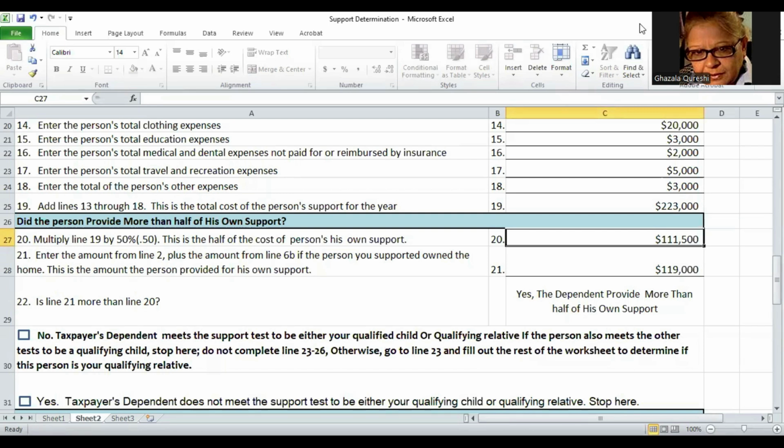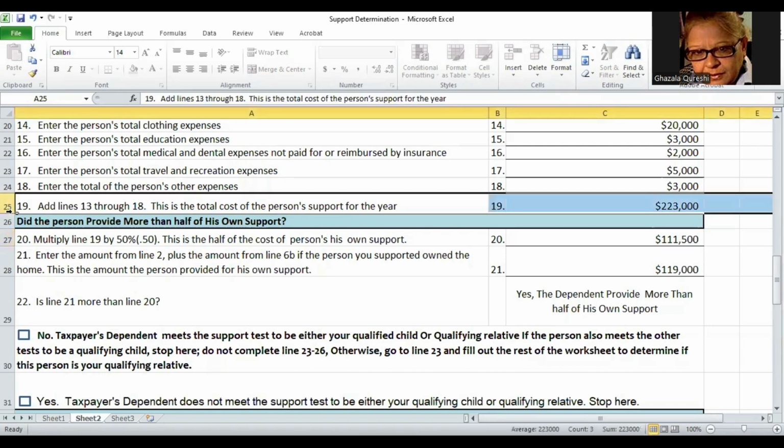Next, we'll determine if the father provides more than half of his own support for the year. In order to do that, we have to multiply line 19 by 50%. Line 19 is the total cost of father's support for the year, which is 223,000.